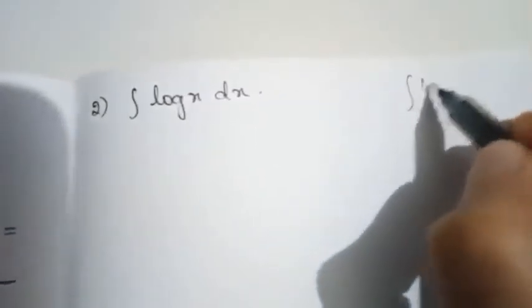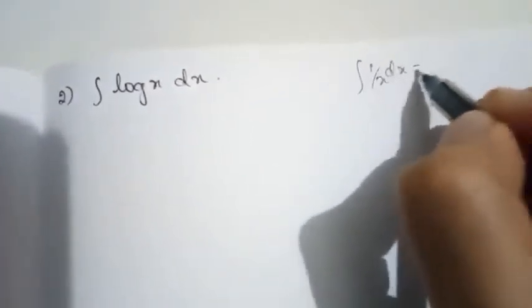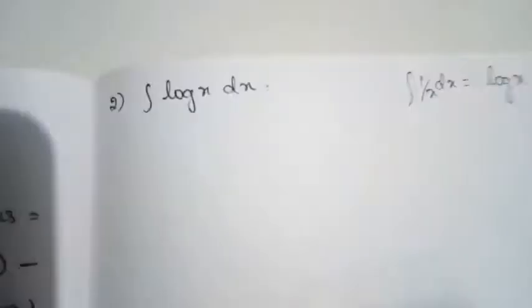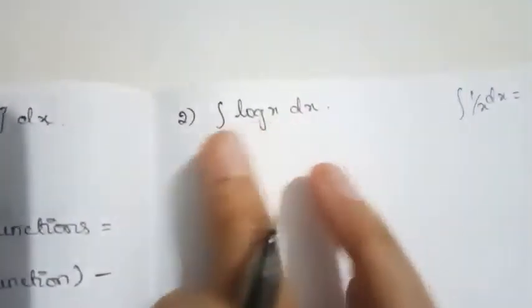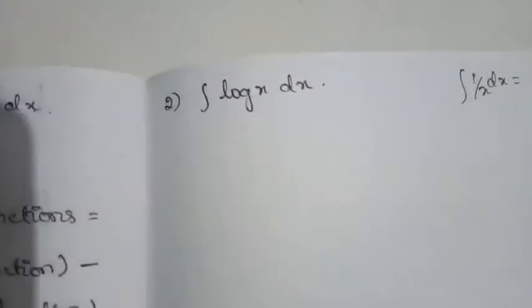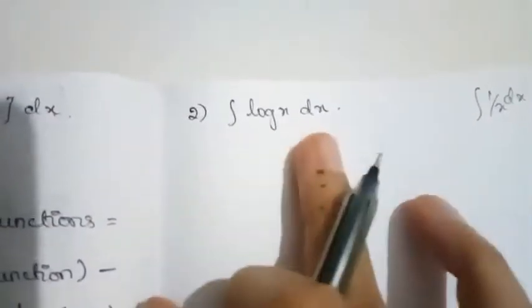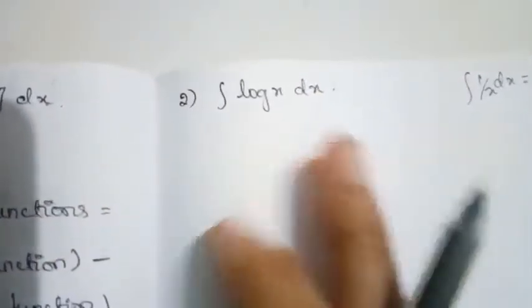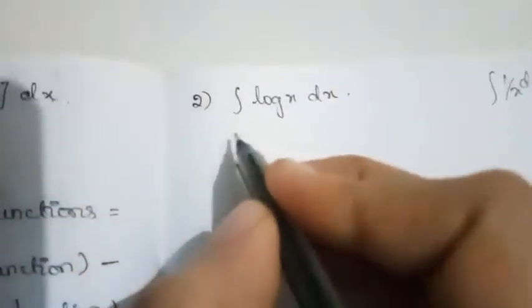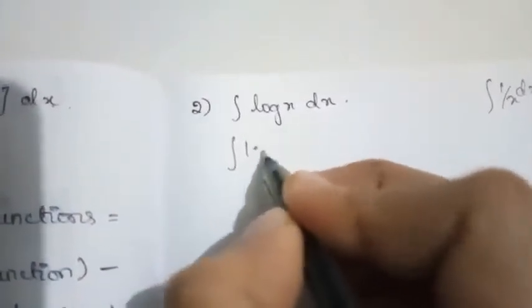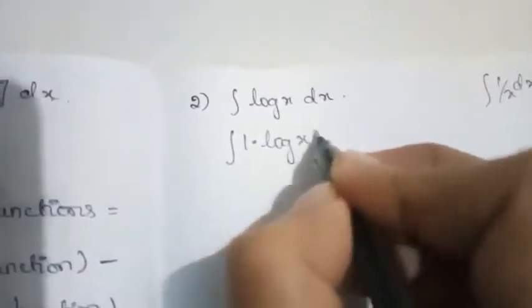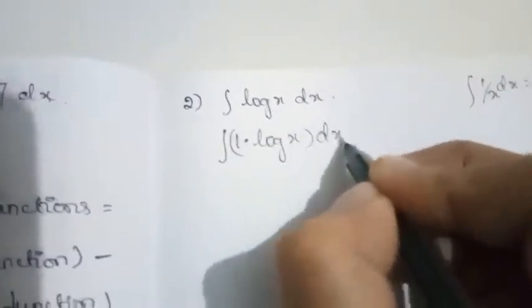We came across the integration of 1 by x dx is equal to log x, but we didn't come across the integration of log x. Here it is not a product of two functions, but I can write it as a product of two functions, like integration of 1 into log x dx. I can write it like this, right?